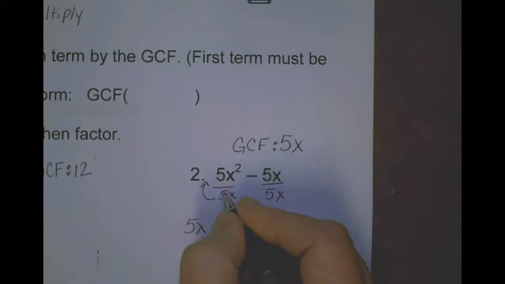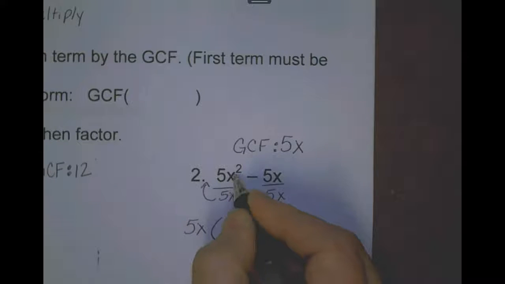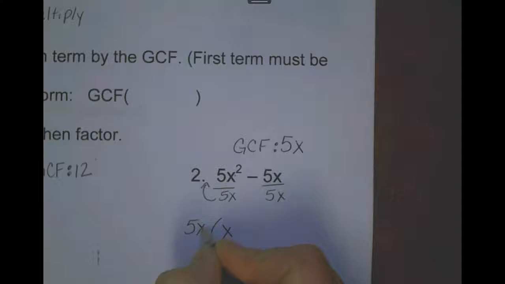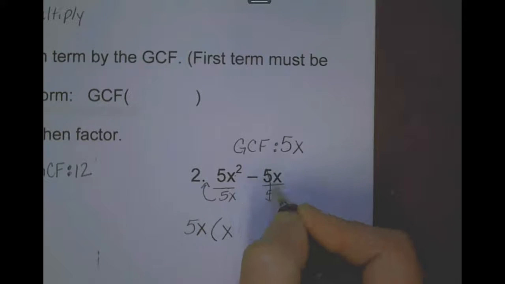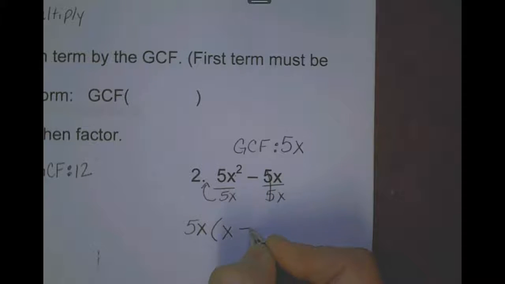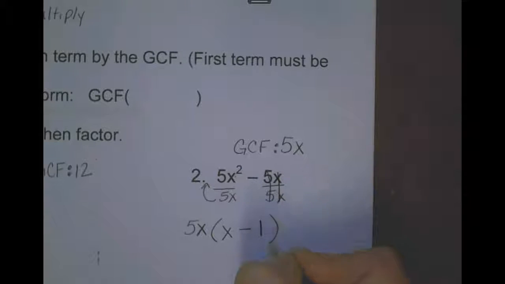And 5 divided by 5 is 1. X squared divided by an x is x. The 5's cancel. What's 5 divided by 5? I didn't hear an answer to that. Do you know 5 divided by 5 is 1? And so the x cancels out.